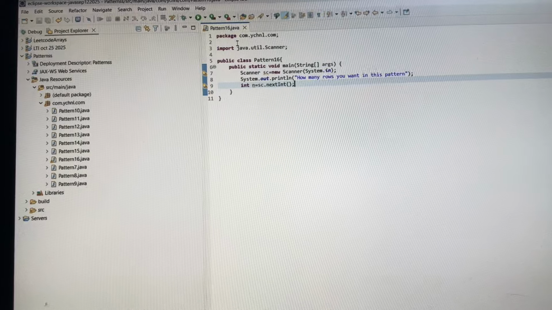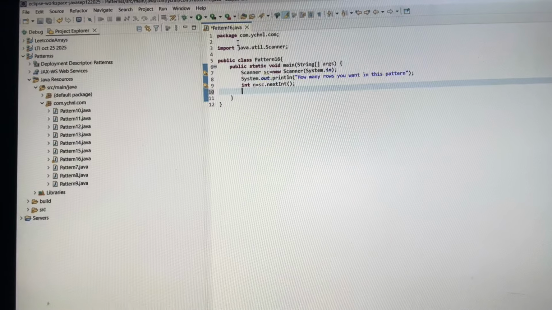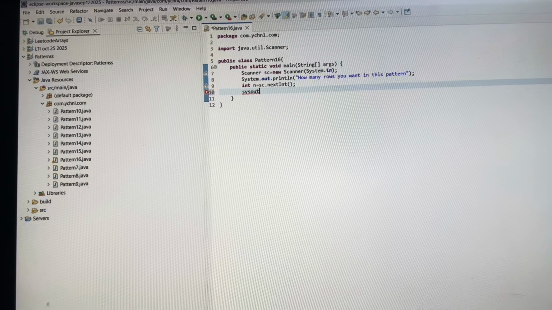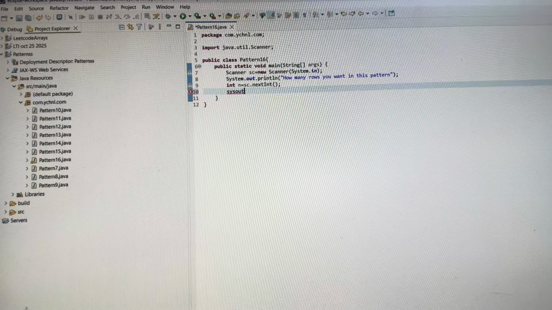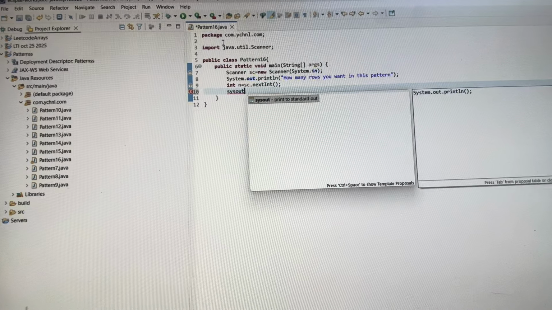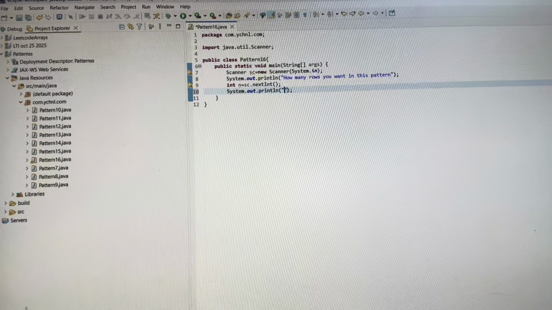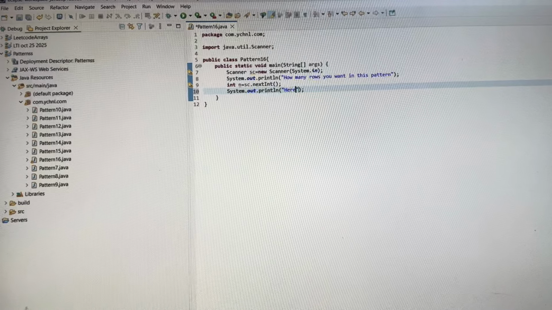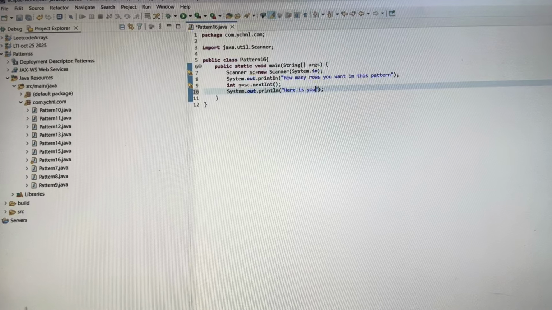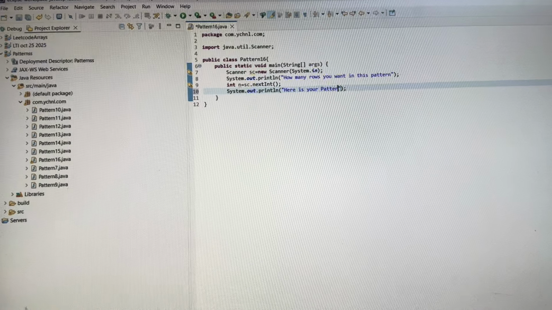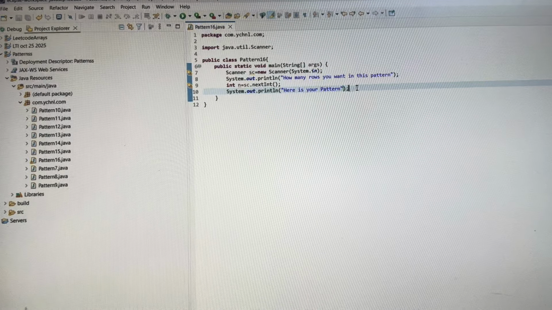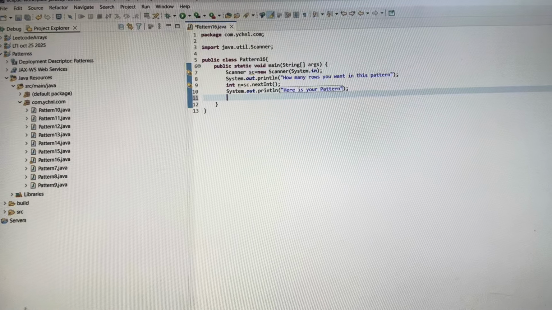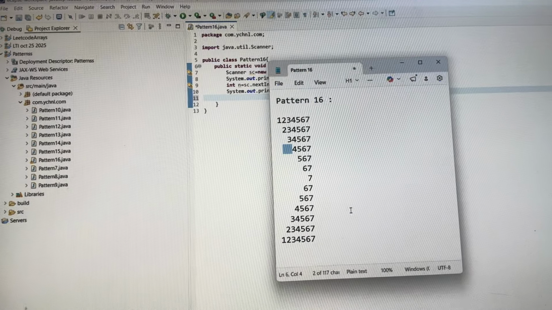After that, we have to show the output, right? To print this message in the console, like here is your output pattern, to see the output. So this is the pattern we want, right?